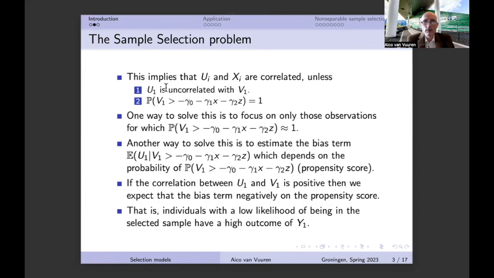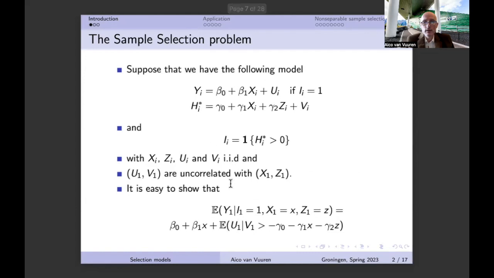Well, the first situation is that if u1 and v1 are uncorrelated to each other, then of course this term that we have over here is equal to 0, because at that moment we do not have to condition on the outcomes of v1, also not on whether v1 is larger than this thing that we have over here.